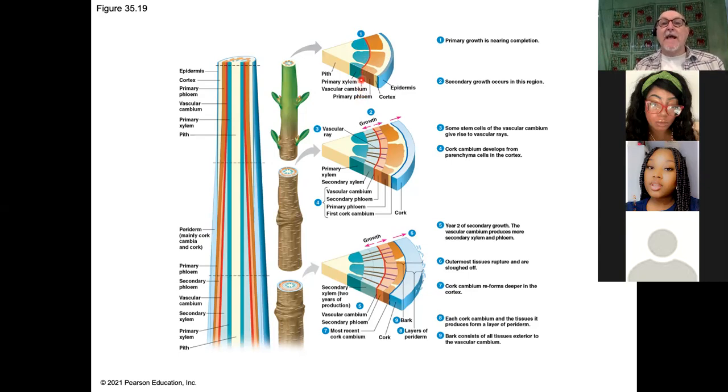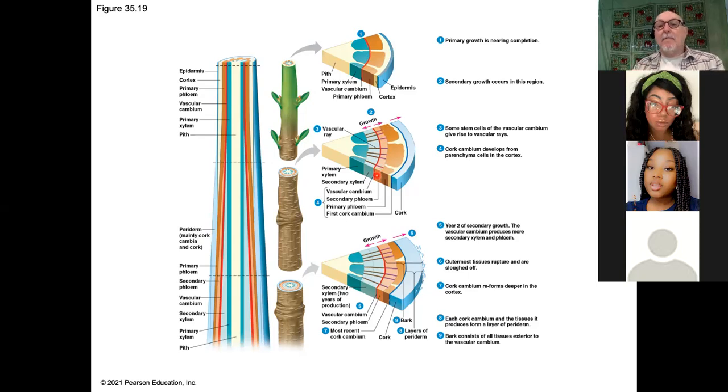Here is the result of that vascular cambium beginning to produce secondary growth. Here's secondary xylem to the inside, secondary phloem to the outside, and you can still see the remains of the original vascular bundles, but they are being replaced now by these cylinders of vascular tissue.